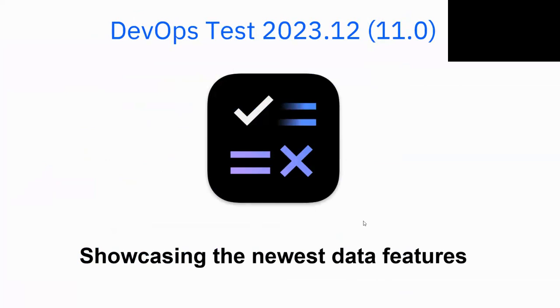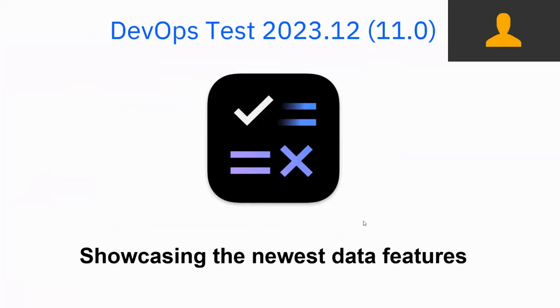Hello, everybody. My name is Muriel Vial. I'm working in DevOps Test for the IBM DevOps Automation entity in IBM. And today I'm going to present the new functionality in DevOps Test 2023.12 release. That is the newest data feature.